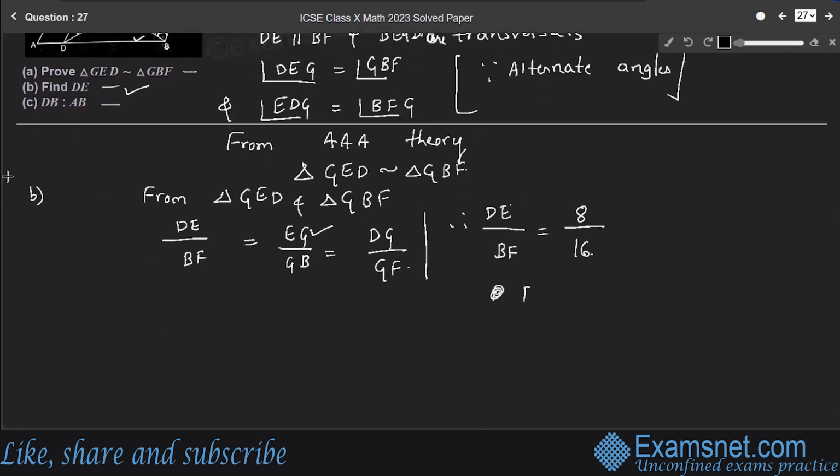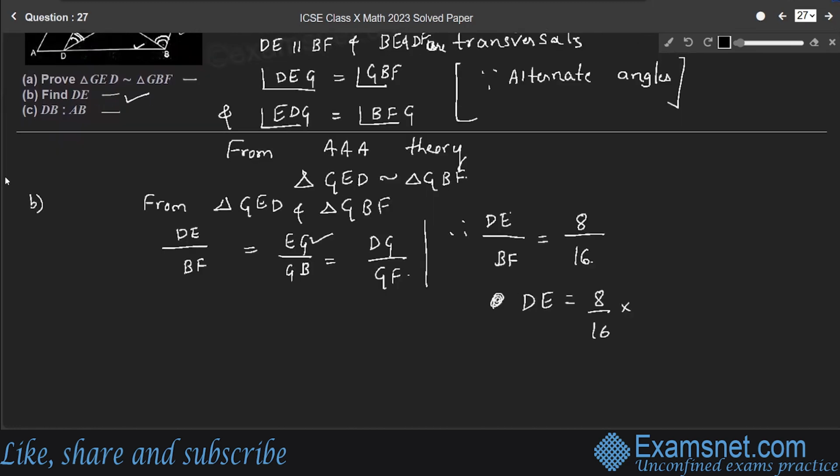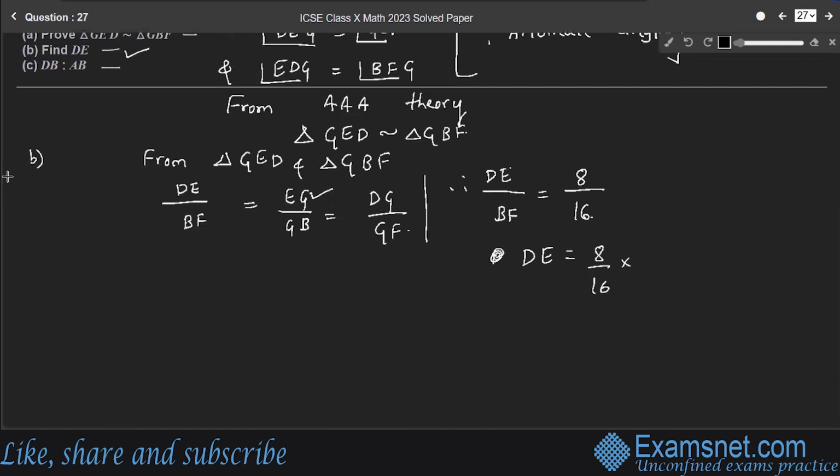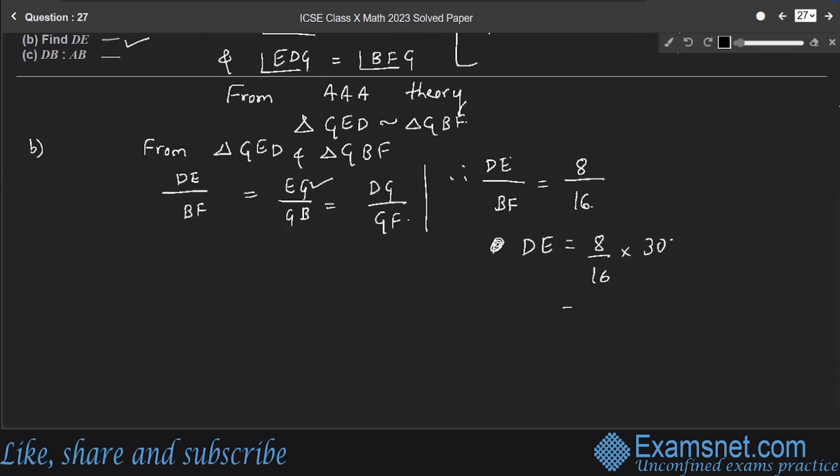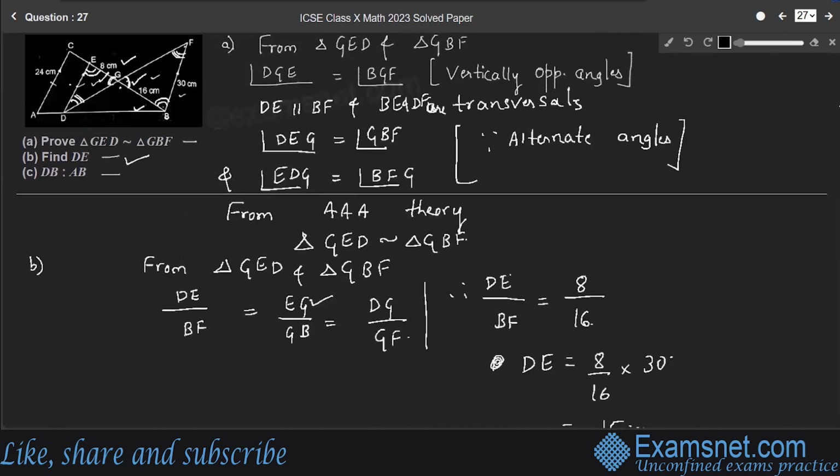Therefore, DE is equal to 8 by 16 into 30. So 30 by 2, it is 15. Therefore, DE is 15 centimeter. So finally, third part.